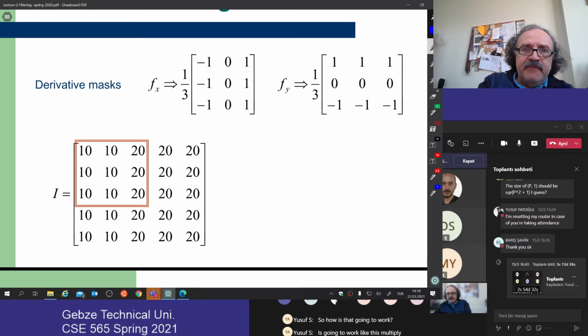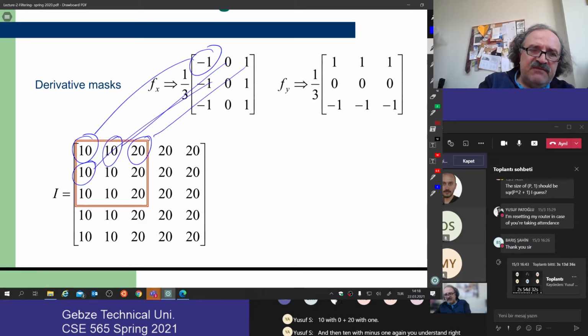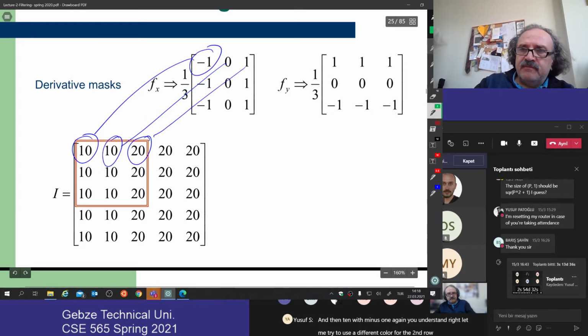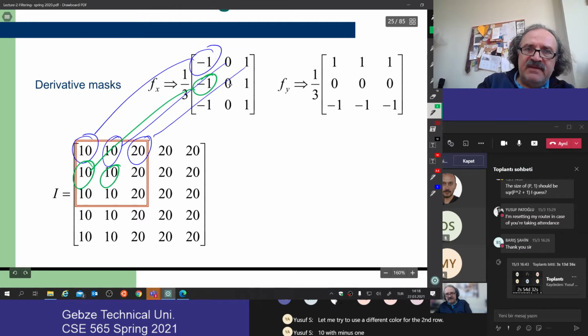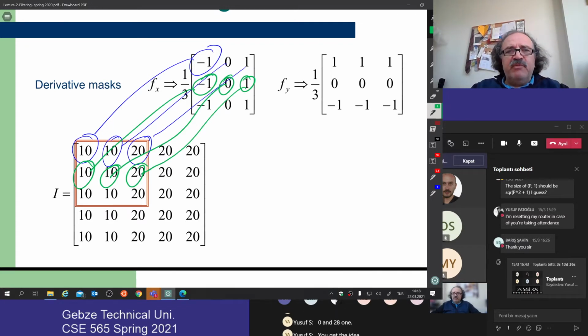Multiply 10 with minus 1, plus 10 with 0, plus 20 with 1, and then 10 with minus 1 again. You understand it, right? Let me try to use a different color for the second row. 10 with minus 1, 10 with 0, and 20 with 1. You get the idea.